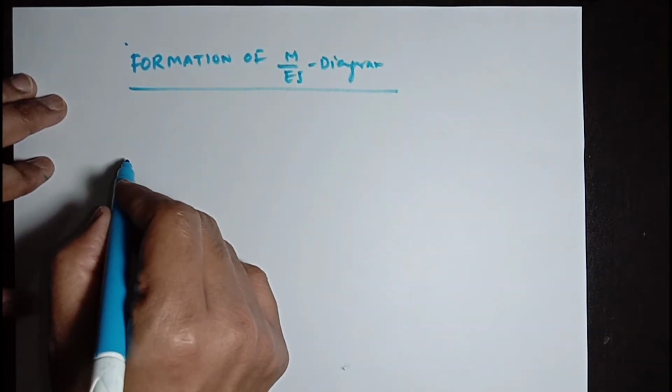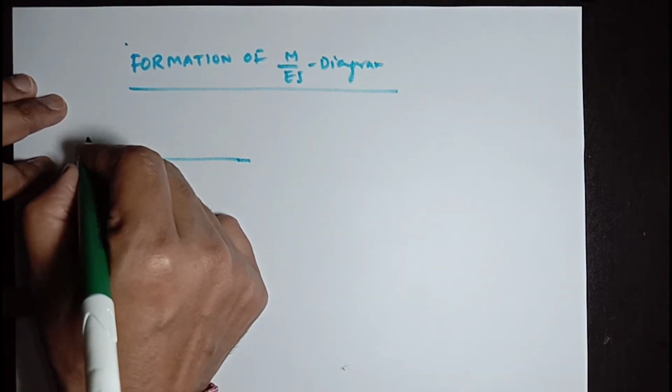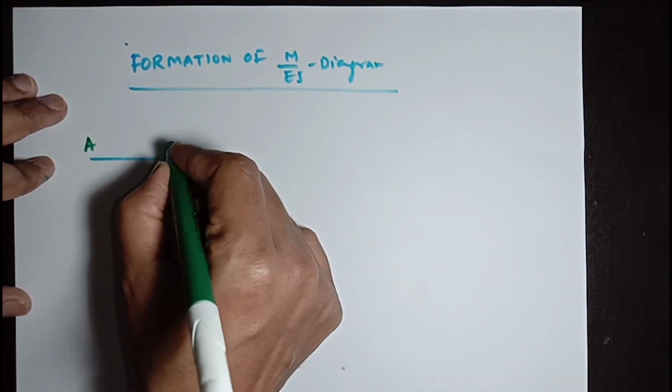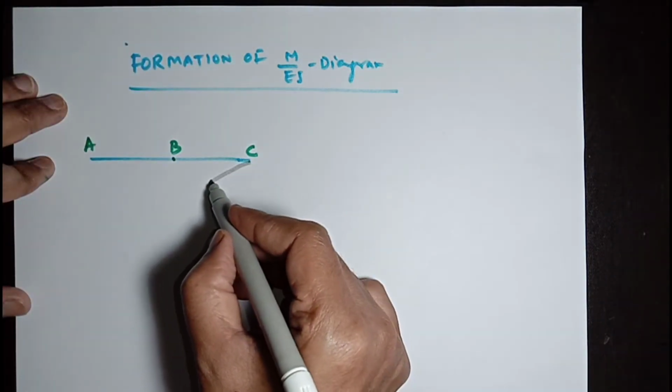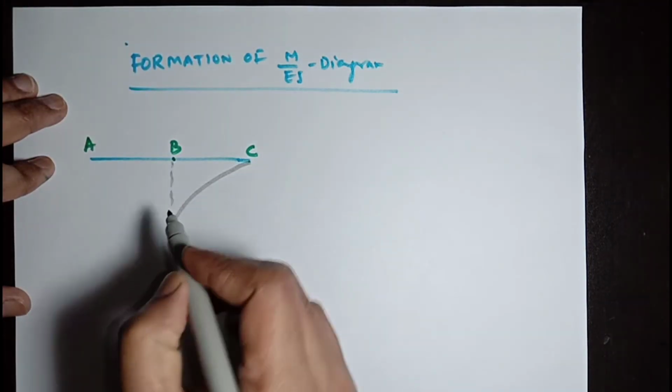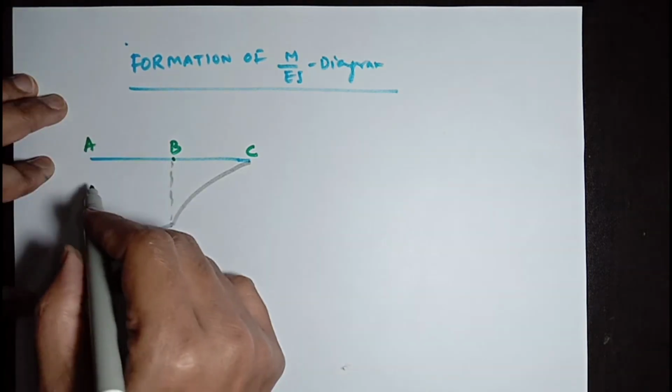You can see here, this is the bending moment diagram which I have calculated. This point is A, this center is B, and this is C. From C to B is a parabolic curve, and from B to A it's a linear curve.